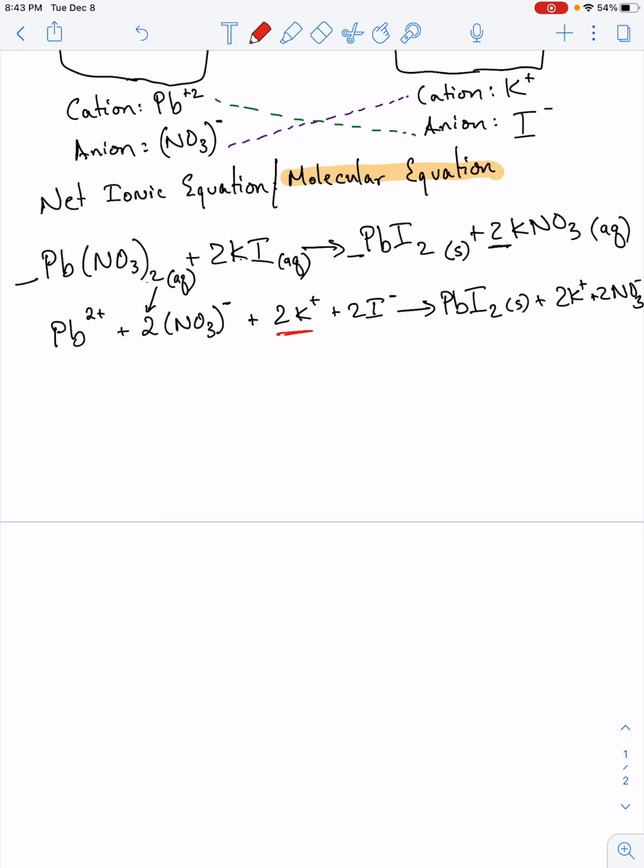So I see 2 K pluses, I see 2 K pluses. I see 2 NO3s, I see 2 NO3s here. And what we can do is cross those out. These things that we crossed out are called spectator ions. Spectator ions don't participate in the reaction.